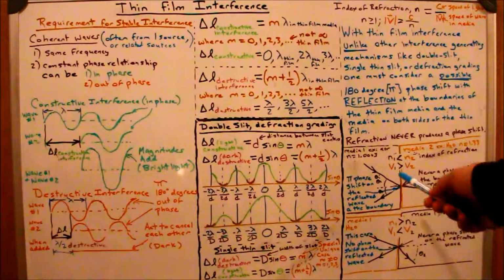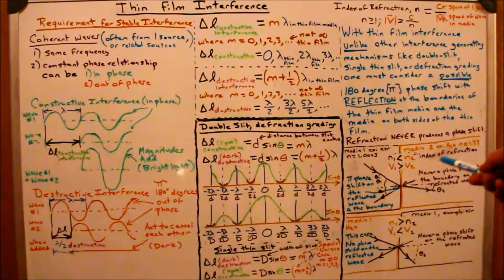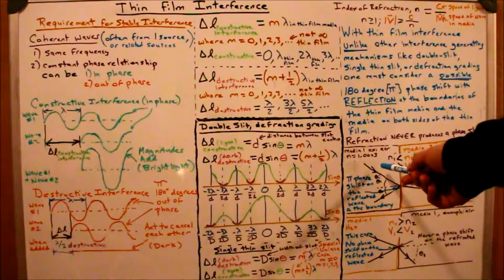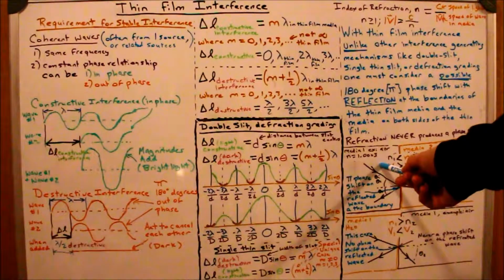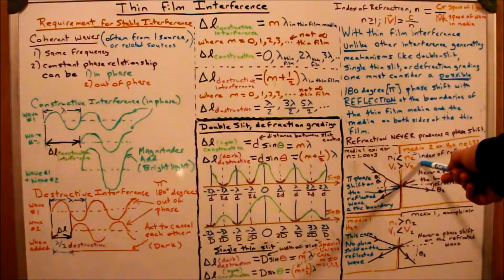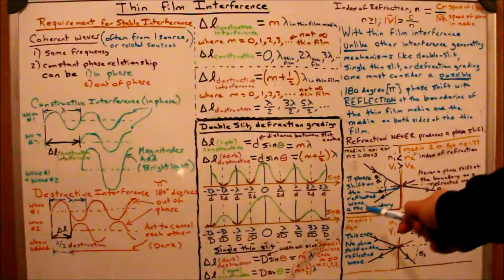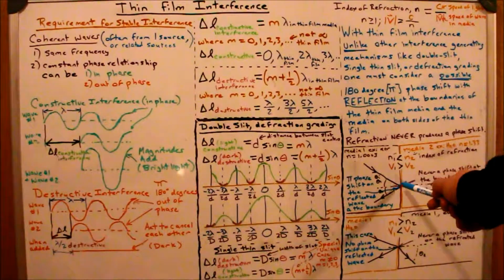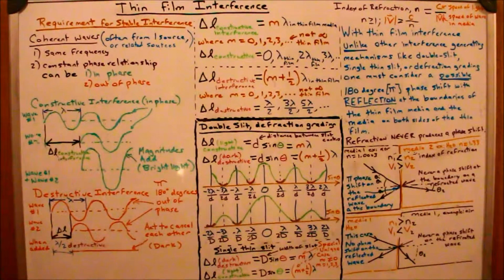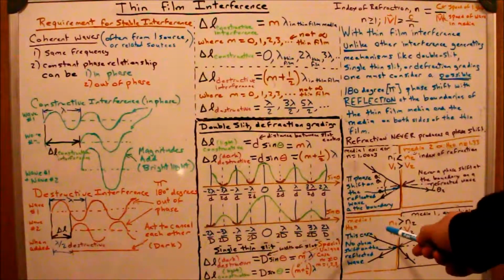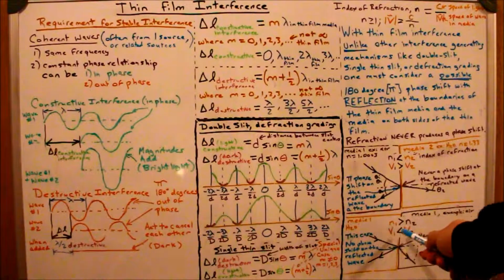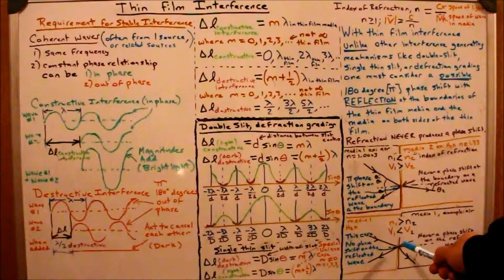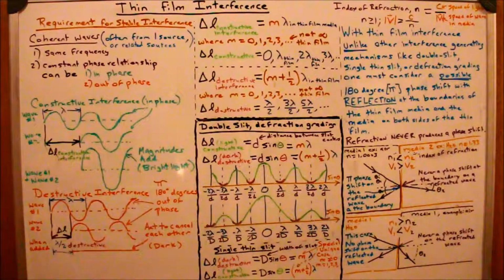And so we know now that there are two cases. One, if I'm going from a low index of refraction to a high index of refraction, the reflected wave experiences a pi radian, or 180 degree, phase shift. If I'm going from a high index of refraction media to a low index of refraction media, the reflected wave shows no phase shift.